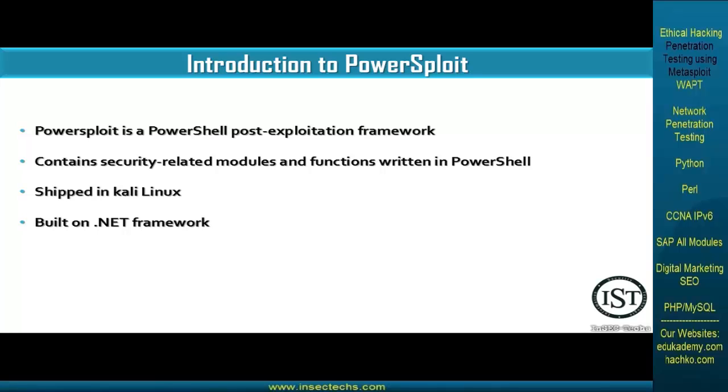This PowerSploit framework is completely built by using the .NET framework, and this enables us to access different types of libraries. By using PowerSploit, one can perform different types of post-exploitation techniques over the victim machine, like AV evasion, code execution, exfiltration, and even maintaining persistence over the victim machine.